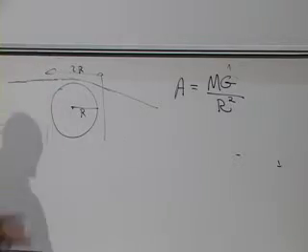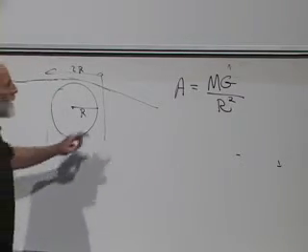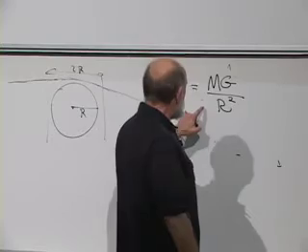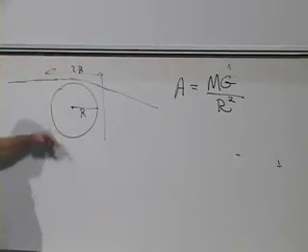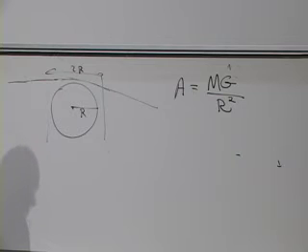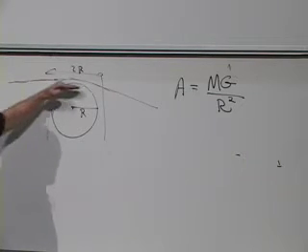Everything gets accelerated downward, light as well as everything, all with the same acceleration. So mg divided by r squared is the vertical component of the acceleration, right?